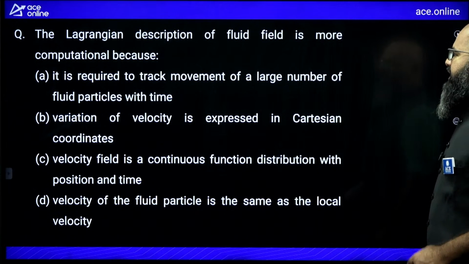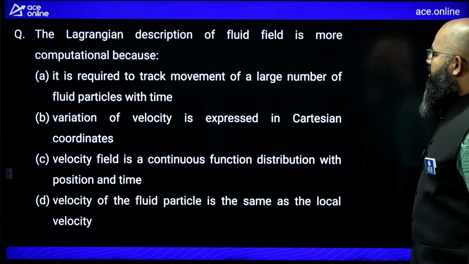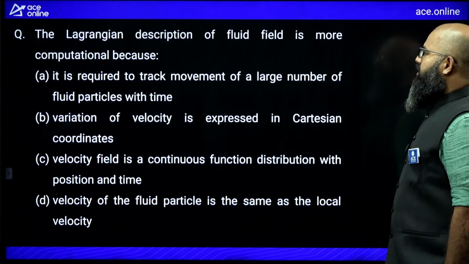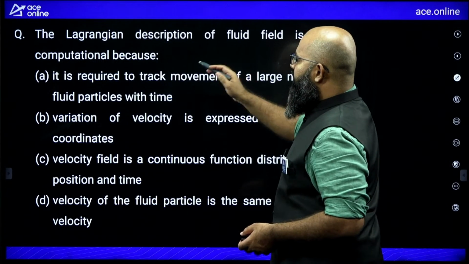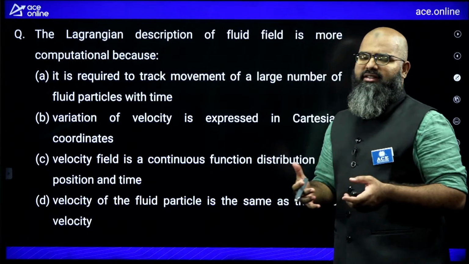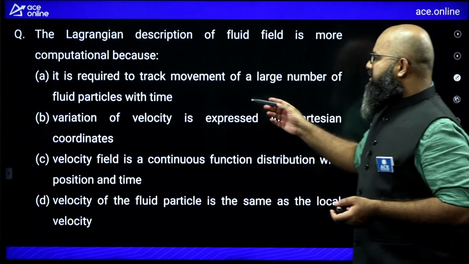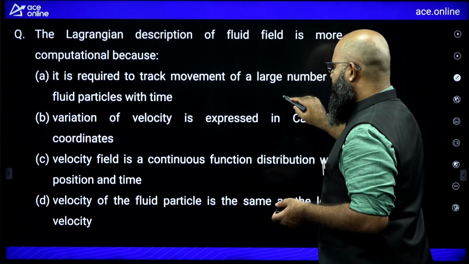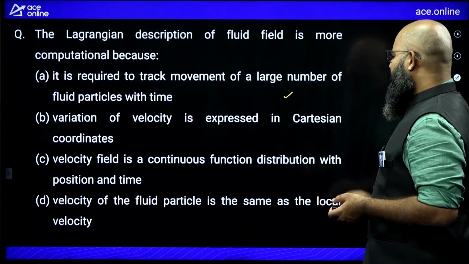Next question, in Lagrangian description of fluid field, it is more computational. The Lagrangian description of flow field is more computational because more computational means it is more rigorous to calculate anything. It is required to track movement of large number of fluid particles with time. ठीक है, can be correct. Variation of velocity is expressed in Cartesian coordinate system.